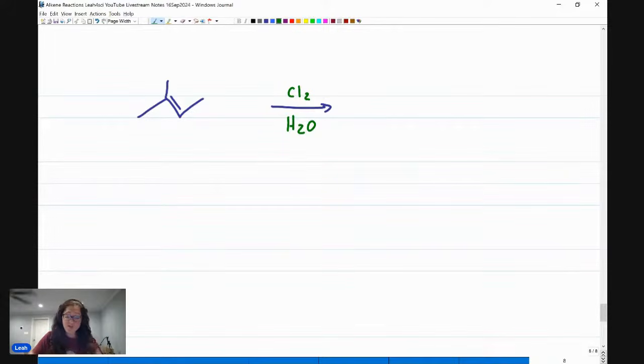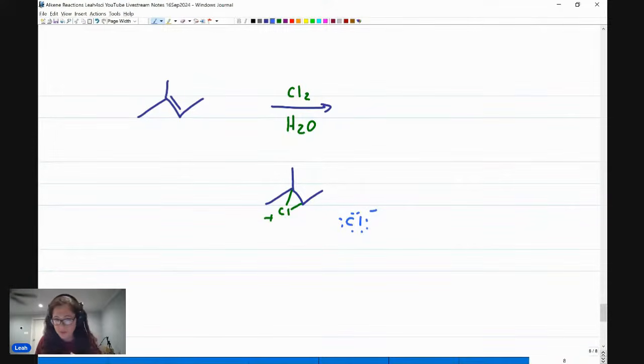This is going to start out the same way, and so my intermediate will have the chloronium bridge. Whoops, my lines are a little bit drunk today. I have the chloronium bridge with a positive charge, and I would expect my other Cl- to try and attack to get in there like before.